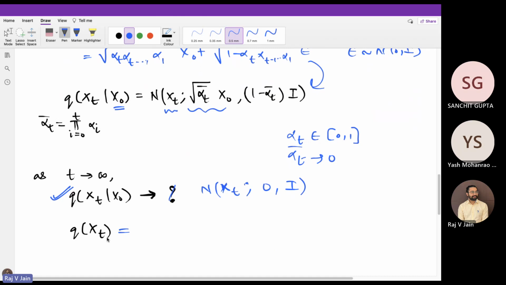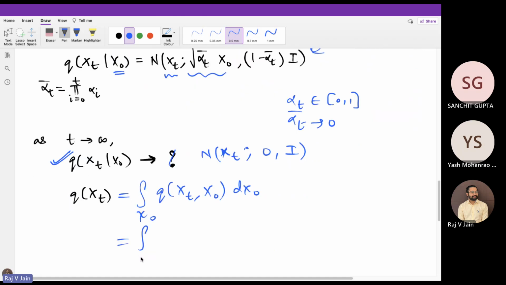Right. So basically, if you want to write it in a different form, I can say that it's nothing but the integral over x naught of this quantity. Now this I can write as the conditional, so q of xt given x naught, times, let's say, q of x naught dx naught.